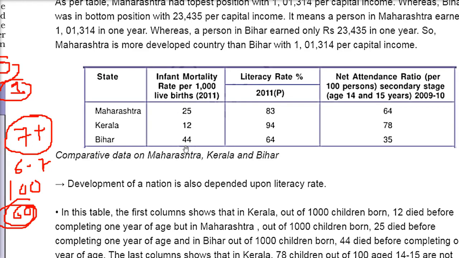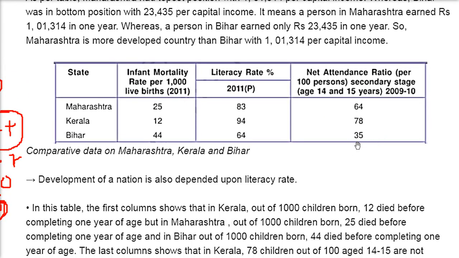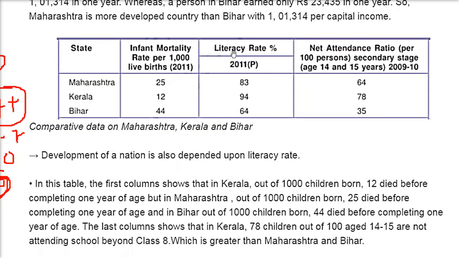Kerala has only 12, but Bihar is worse, because in Bihar the literacy rate is way less than these two, and in the attendance ratio, only 35 kids attend school. But in Kerala, out of 100 kids, 78 of them attend school.